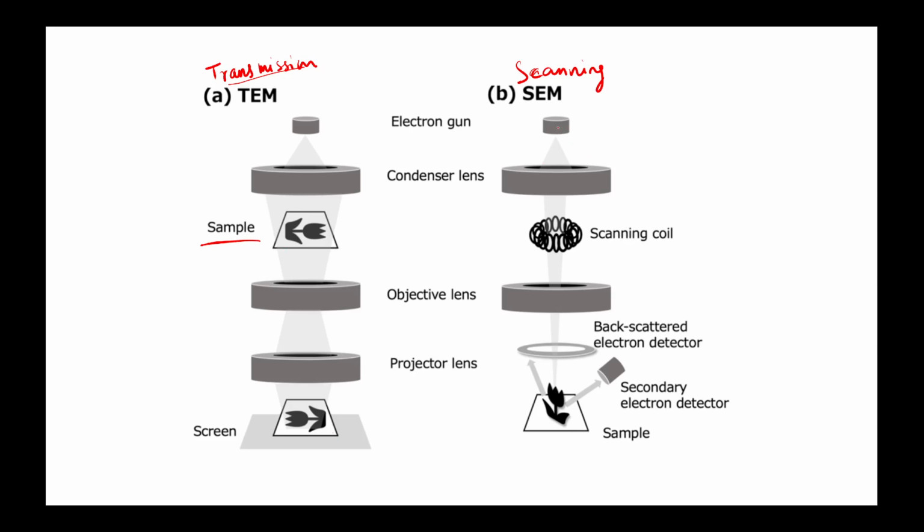Whereas in scanning electron microscope, the electrons are deflected from the sample. So electrons hit the sample and then they get reflected back. They are either collected by a secondary electron detector or the backscatter electron detector, and then the images form. So in scanning electron microscope, only the surface can be visualized, whereas in transmission electron microscope, the intercellular structures can be visualized.